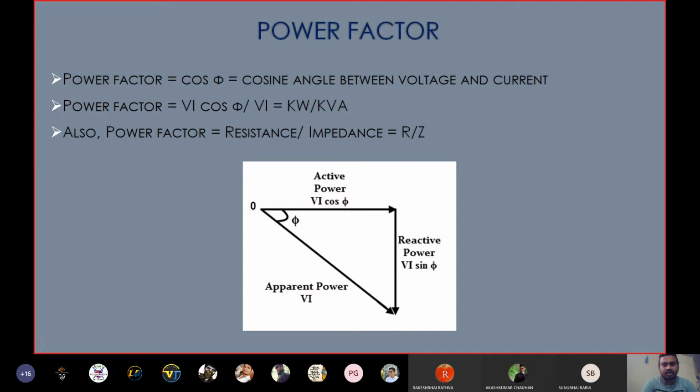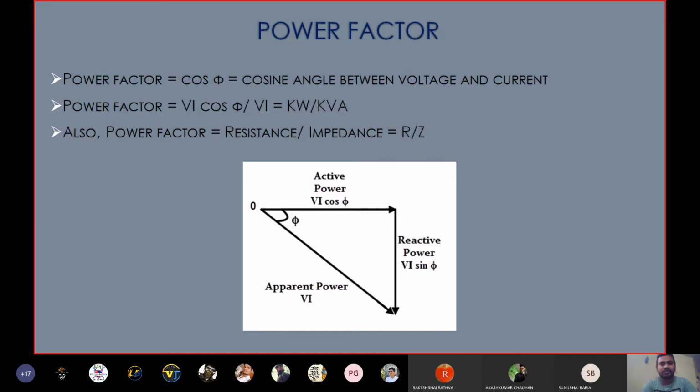This OB is the total power, the combination of active power and reactive power. We have two types of power, active power and reactive power, and if we combine them we get the apparent power. So combining VI cos phi and VI sin phi, the apparent power becomes VI.